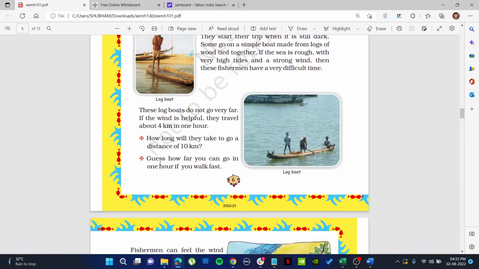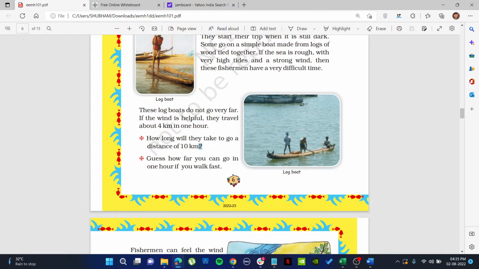We can solve this question in another way as well. For example, in 1 hour, fishermen are covering 4 kilometers. So in 2 hours, it would be 8 kilometers, just double of 4 kilometers.